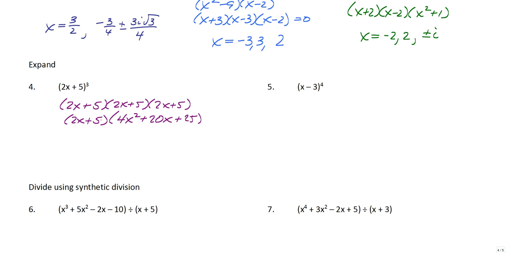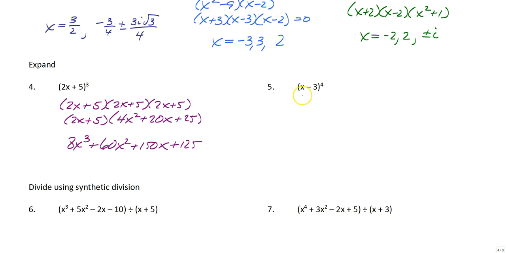And then we would just multiply by 2x plus 5 one more time. And after we distribute all that, we would combine our like terms one last time, and we should get 8x cubed plus 60x squared plus 150x plus 125. Now, of course, you can use Pascal's triangle if you want to, but there is no need.